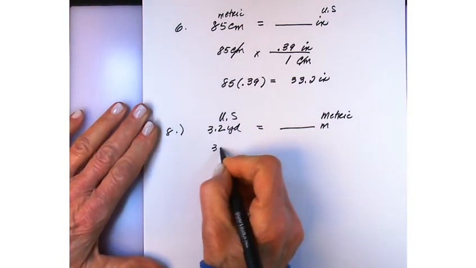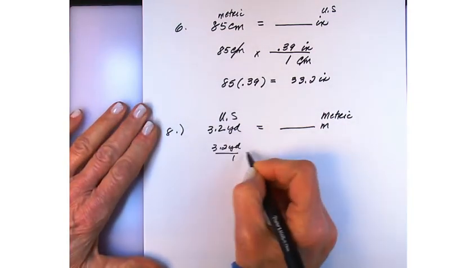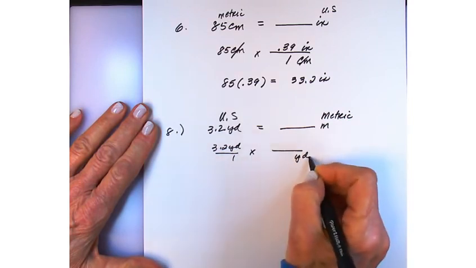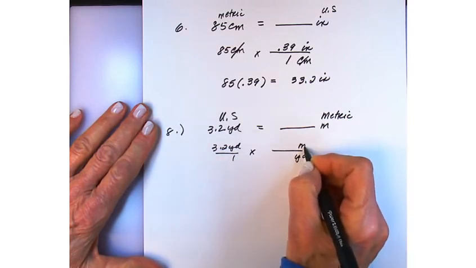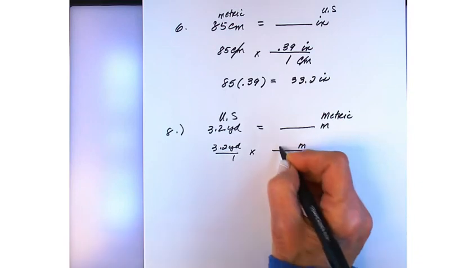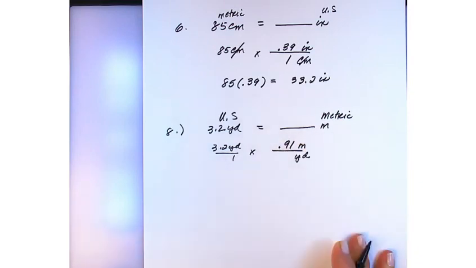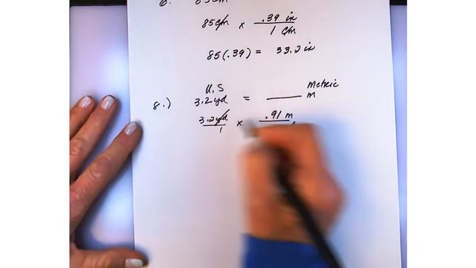So 3.2 yards, out go the yards, in come the meters. And it was 0.91. The yards cancel.